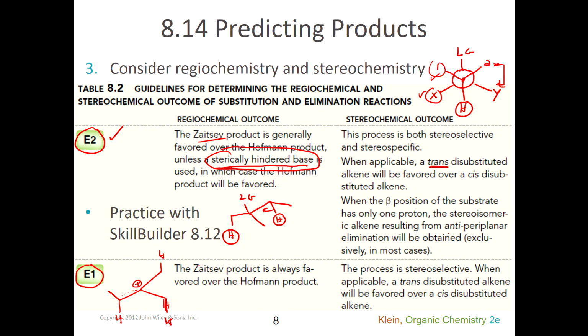So that's why we always see the more substituted carbon-carbon double bond form rather than the other product. And we'll also, as the major product, virtually always see the trans to avoid the steric hindrance that forms during the transition state.